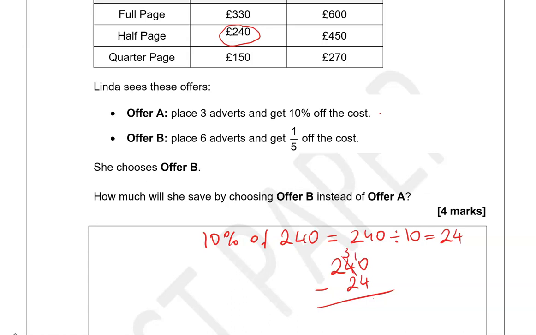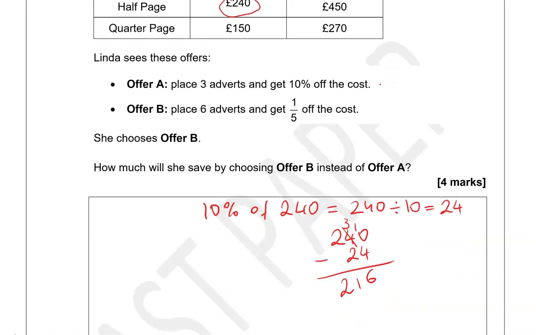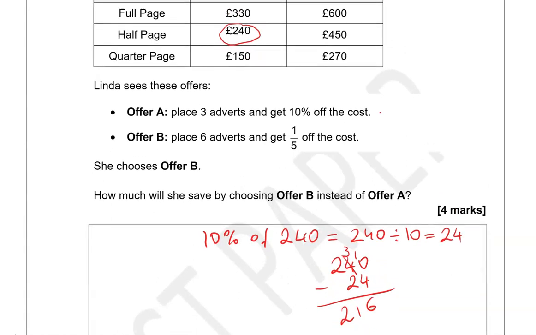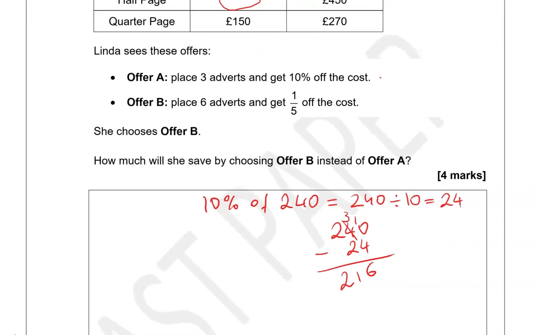So 10 take away 4 gives us 6, 3 take away 2 gives us 1, 2 take away 0 gives us 2. So that's the cost for 3 of them. But she needs 6, so we're just going to double that. So 216 and 216. 6 and 6 is 12, so 2 down and 1 carried over. 1 and 1, 2, and the 1, 3. 2 and 2 is 4, so £432 with offer A.